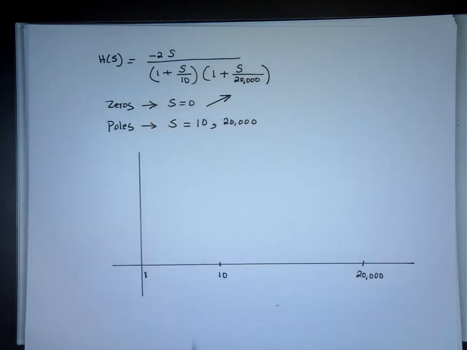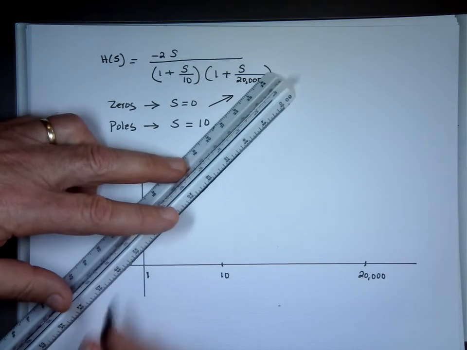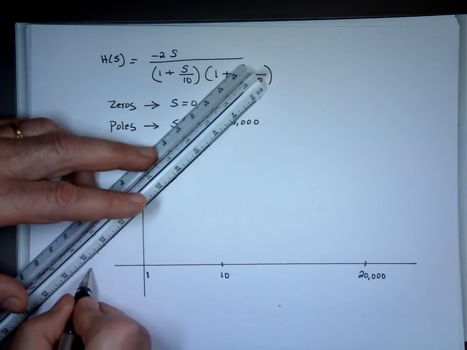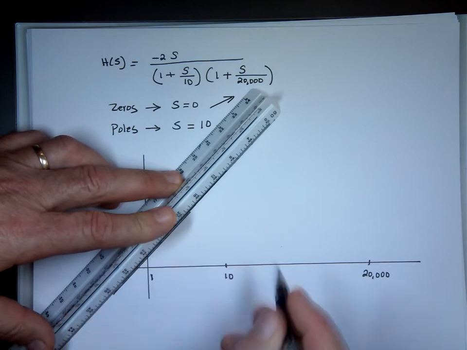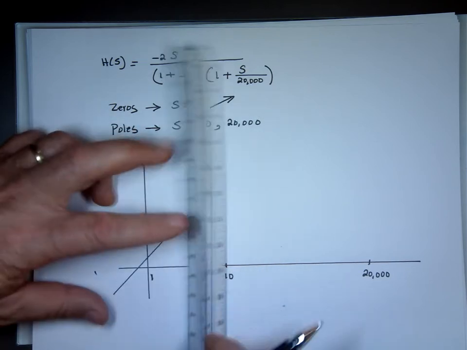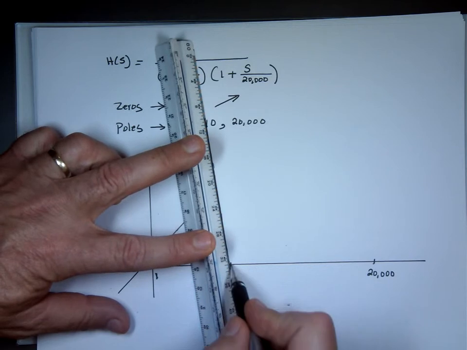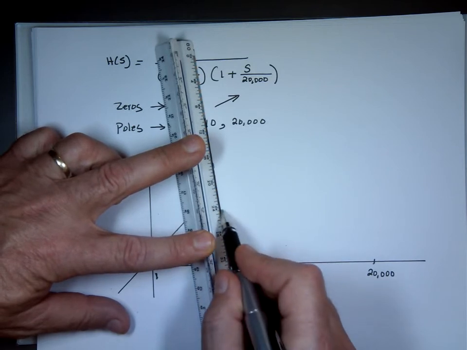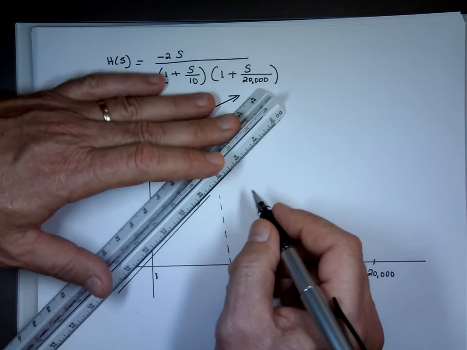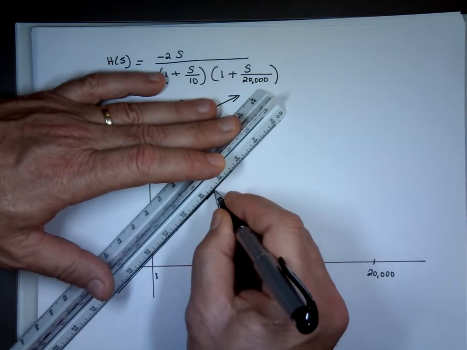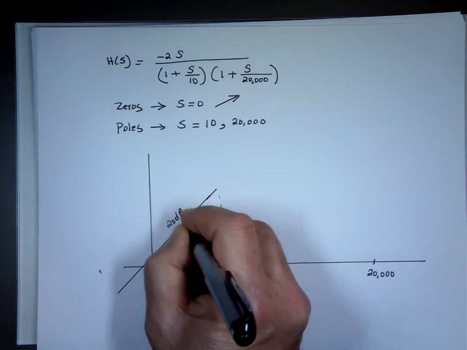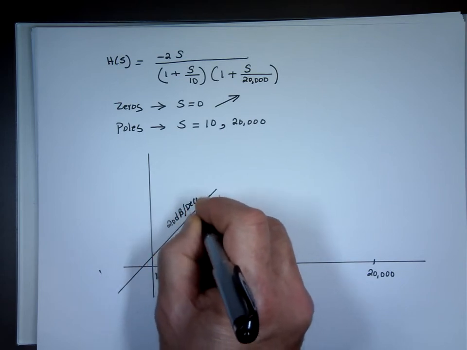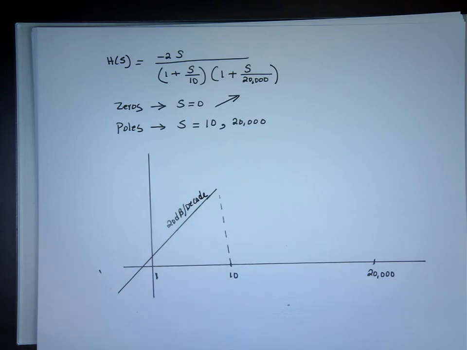I'm not sure where it's coming from, maybe s equal to 0 was down here, but it's coming from down there and pushing you up at the rate of 20 decibels per decade till we hit that 10. The 10 is a pole.